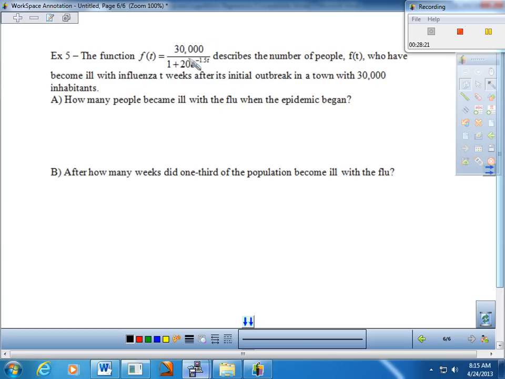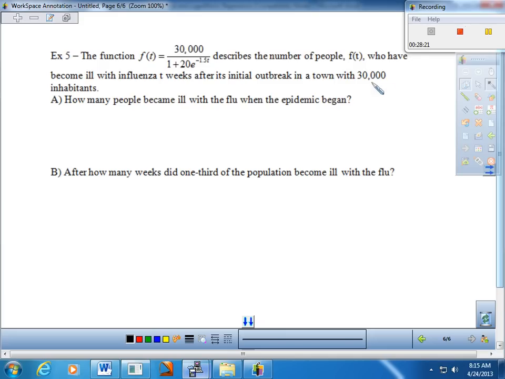There's your 30,000 right here. And so you can kind of picture what would happen with a flu outbreak. The nature of the growth there would be quite dramatic initially, and then obviously more people are informed about it and are able to take precautionary measures, and so it really starts to plateau from there. The growth decreases dramatically in terms of getting closer and closer to that 30,000.